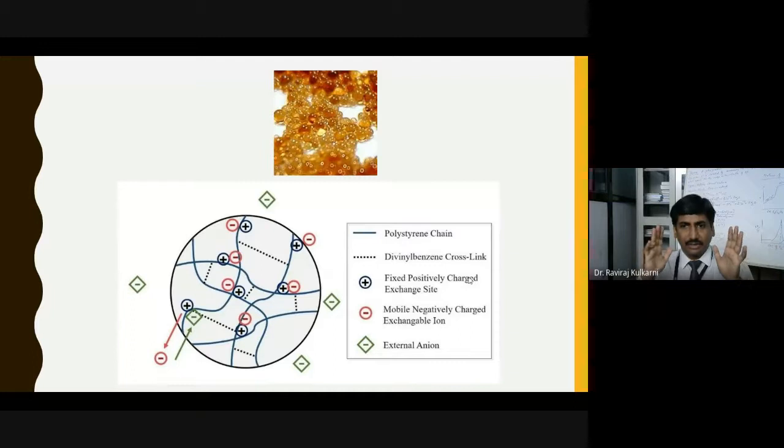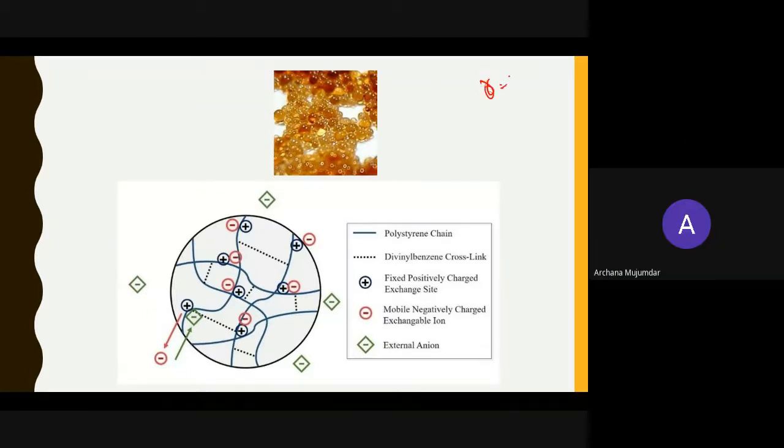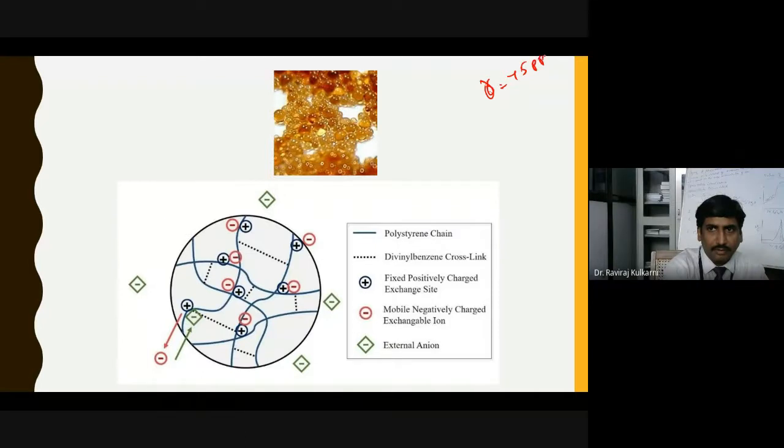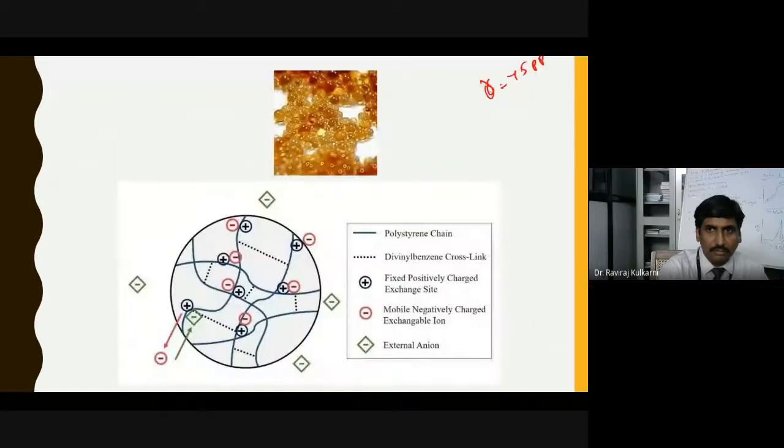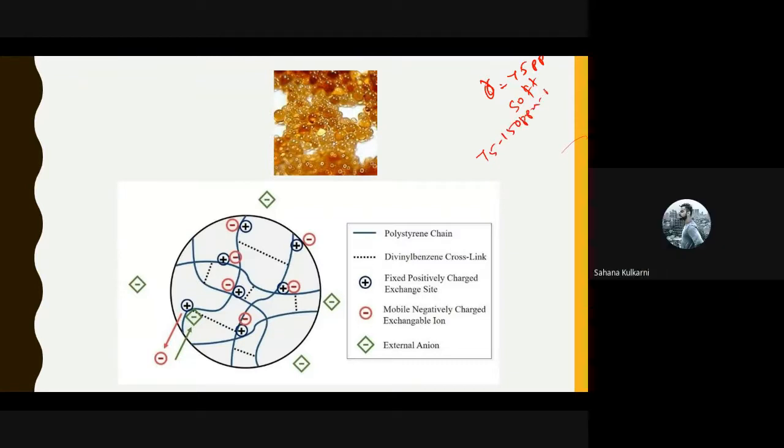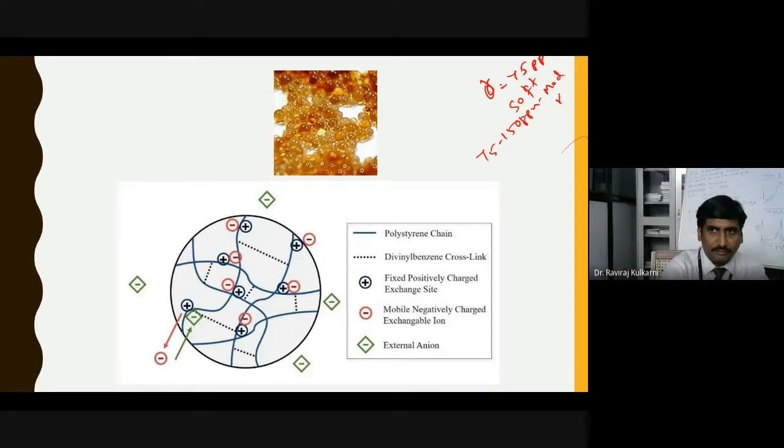0 to 75 ppm, soft water. 75 to 150 ppm, moderately hard water.